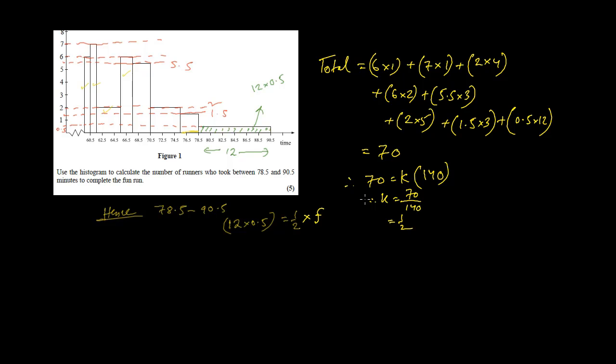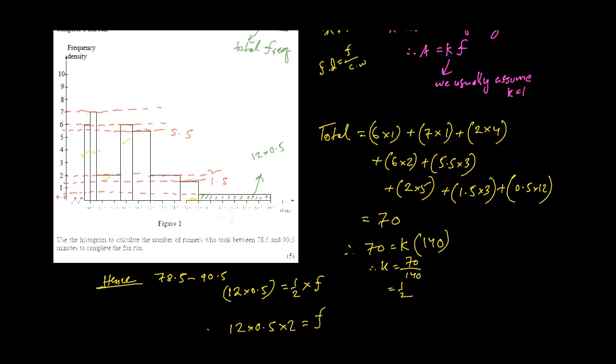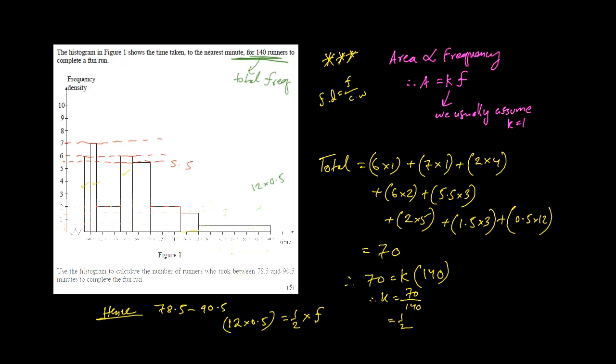So we need to find the frequency. Therefore 12 times 0.5 times 2 equals F. Therefore F equals 12, because 2 into 0.5 is 1, 1 into 12 is 12, so there are going to be 12 runners. So this is a sum for which the value of k is not equal to 1.